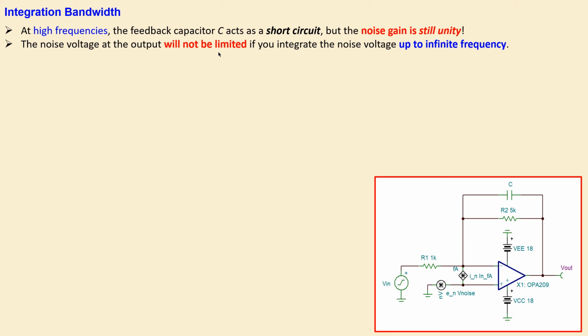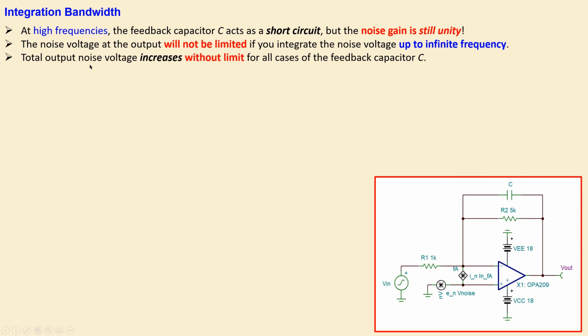This is very important, because we most of the time assume that the noise will be filtered out and will be 0 for very high frequencies, but in this case it will keep increasing without limit. So that's why we need to use the integration bandwidth. That will be clarified in more detail later on.